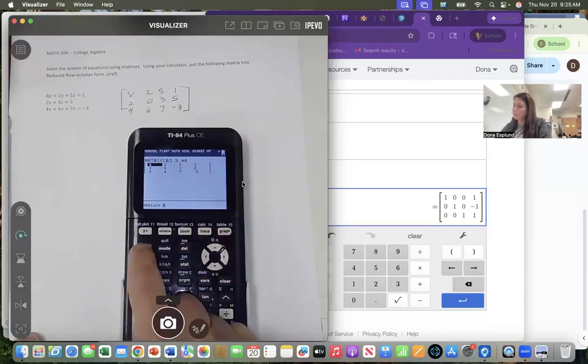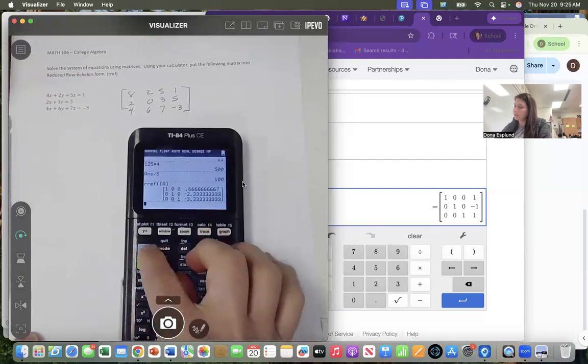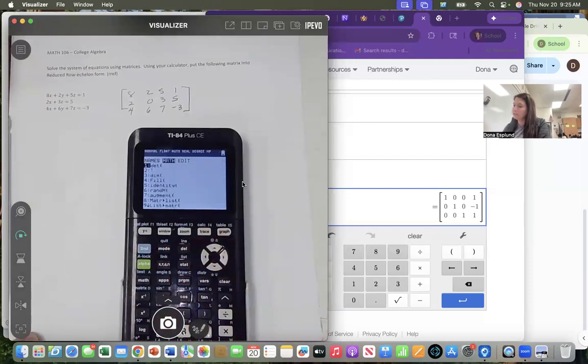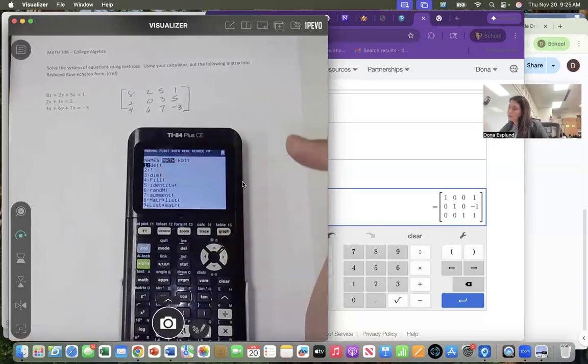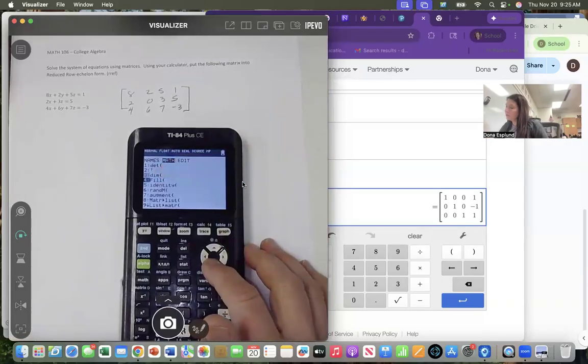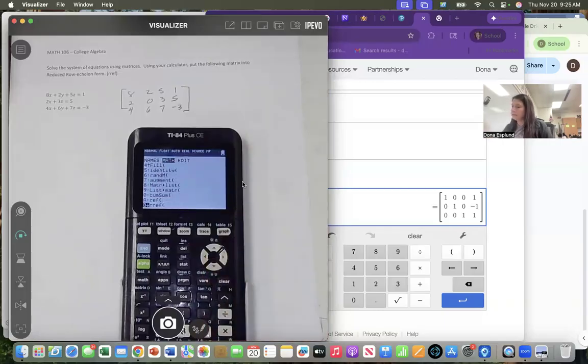At this point, I'm going to quit, and then I'm going to go back into my matrix, but this time I'm going to do the math. We're going to talk about determinants later. But in this case, I'm going to scroll down until I find the RREF button and click on that. Then I also need to tell it which matrix I'm going to take the reduced row echelon form of, so I selected B and hit enter.